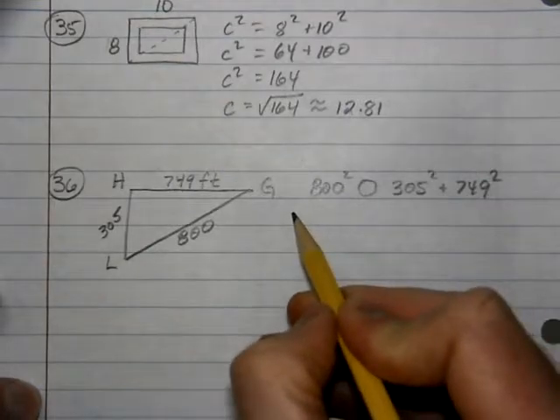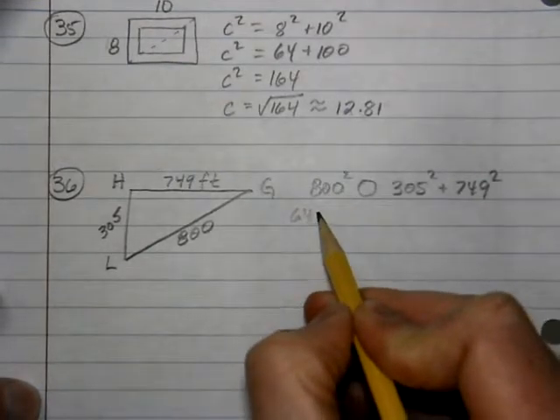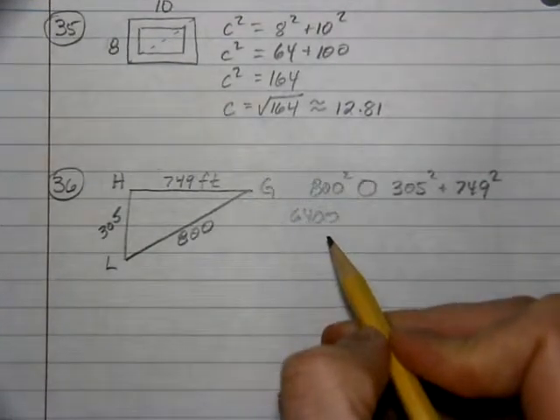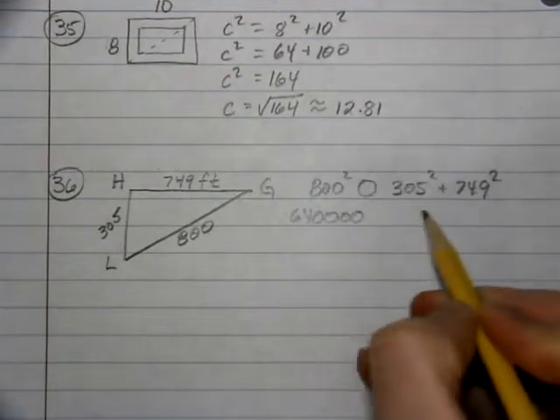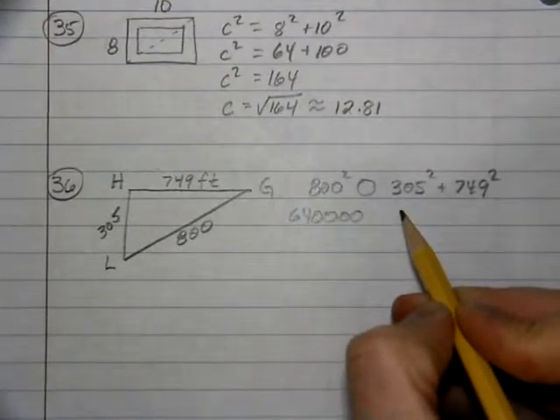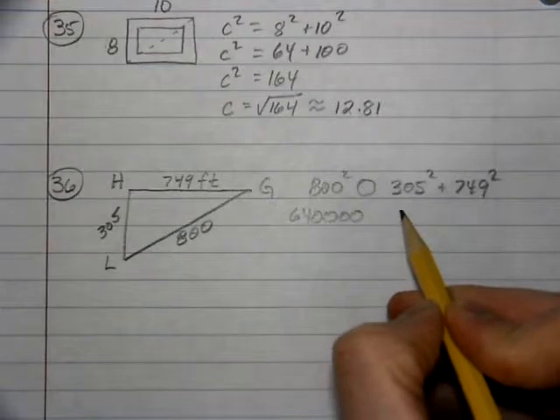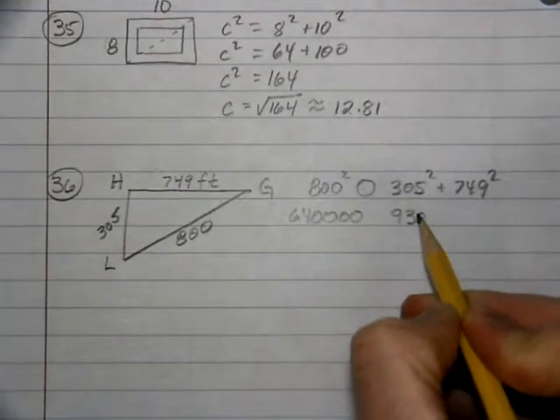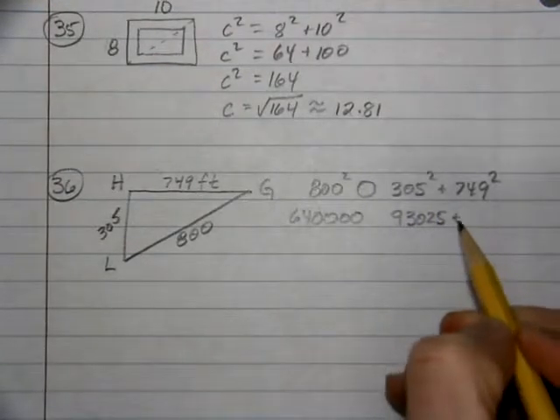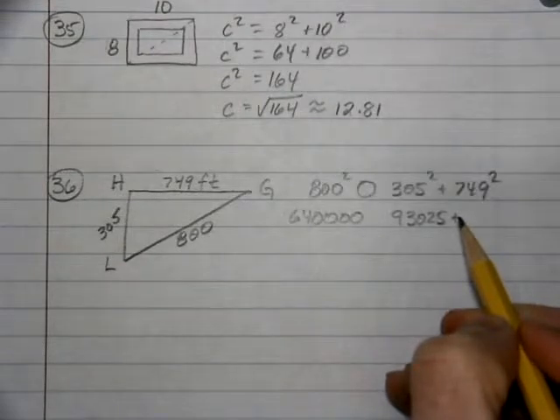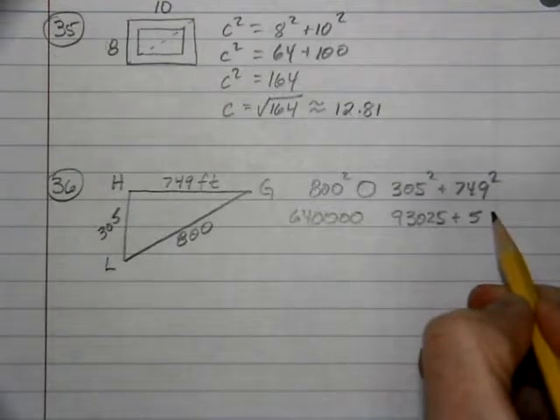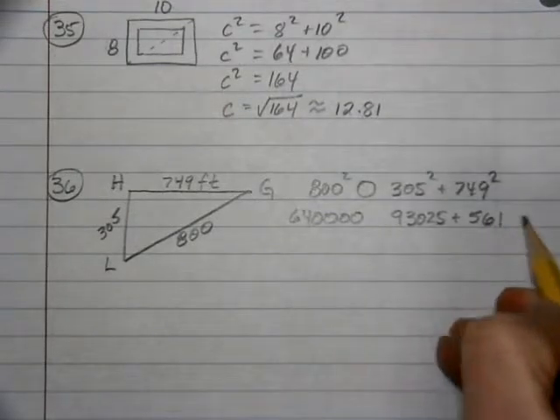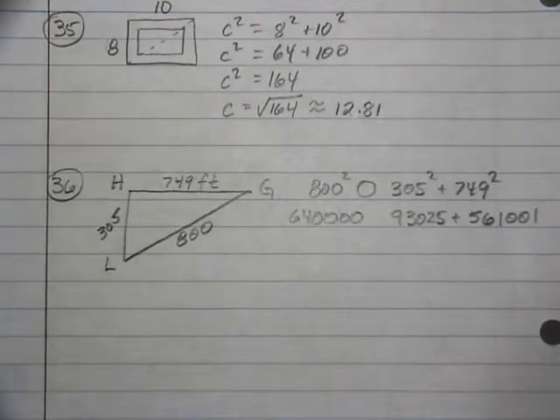Calculator could be a little helpful here. 800 squared is 64 and our 4 zeros, 640,000. 305 squared is 93,025, and 749 squared gives you 561,001.